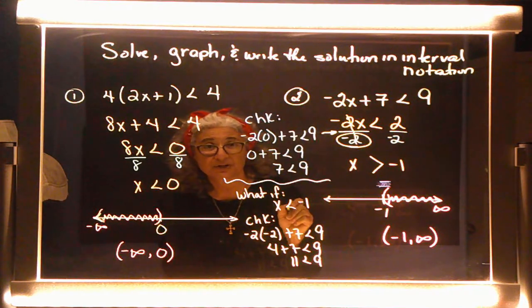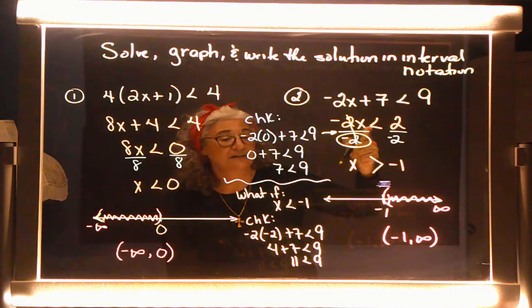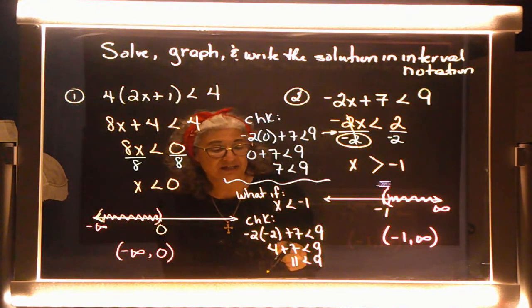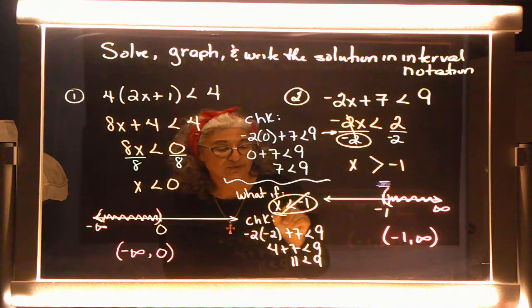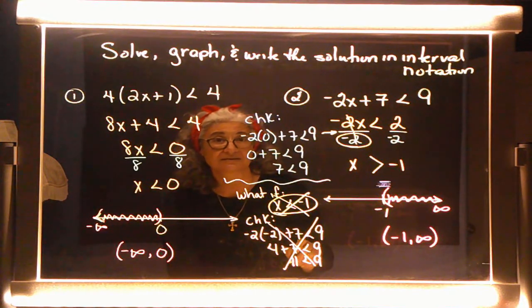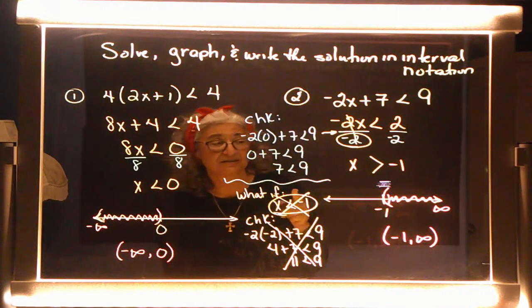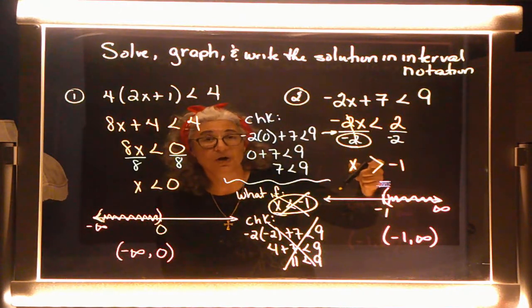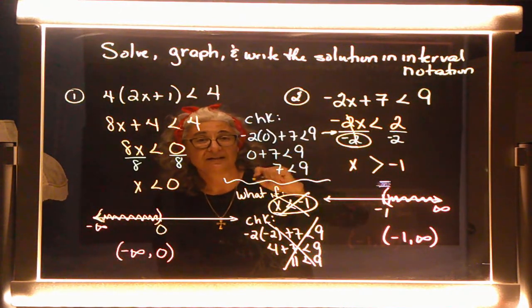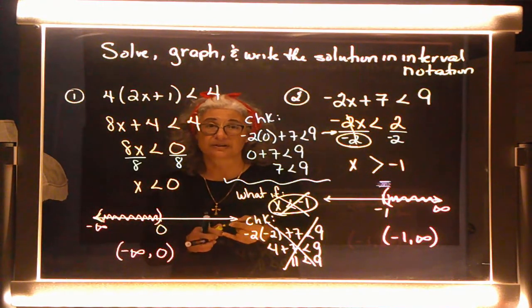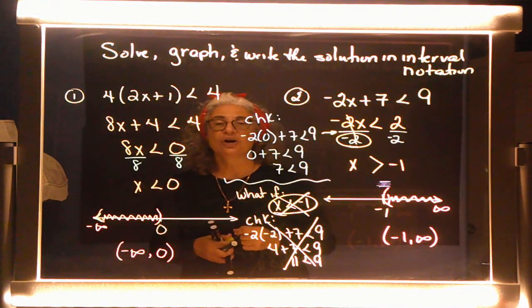If you had left it as less than, and if you literally had checked your answer, you would have found that this solution set was wrong because it did not check. This is another way to make certain that you have flipped the inequality sign appropriately. And the only time you flip it is when you multiply or divide by a negative number. Got it? Okay, I'll be right back with one more example.